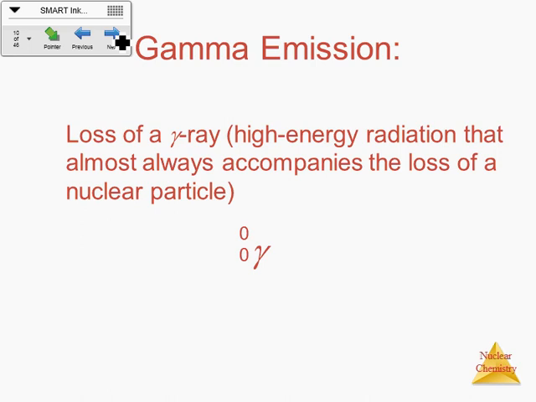This is just the high energy that is given off when these particles undergo this nuclear reaction. We're going to find out later why so much energy is given off. Actually, some of the mass of the nucleus is being converted into energy when these things decay. But notice there's a 0, 0 next to the gamma symbol. That's just to show there are no protons and no neutrons that make up the gamma rays. It's just energy.